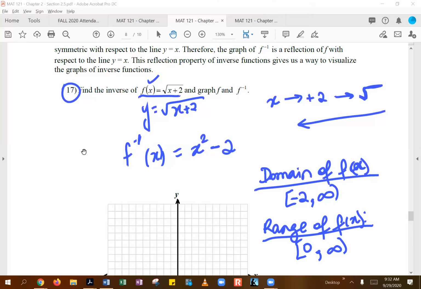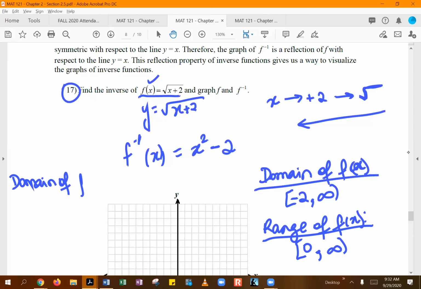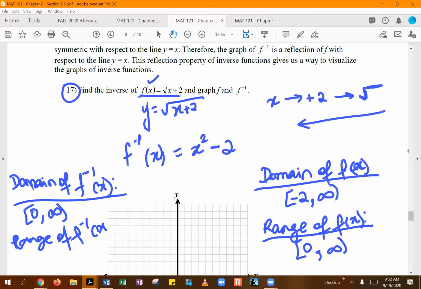So if you remember, because of that interchanging of our x and y variables, the domain of our inverse function, f inverse of x, is actually going to be the range of the original function, which means the domain is now from 0 to infinity, including 0. And the range of the inverse function is going to be the domain of the original function, which is going to go from -2 to infinity.